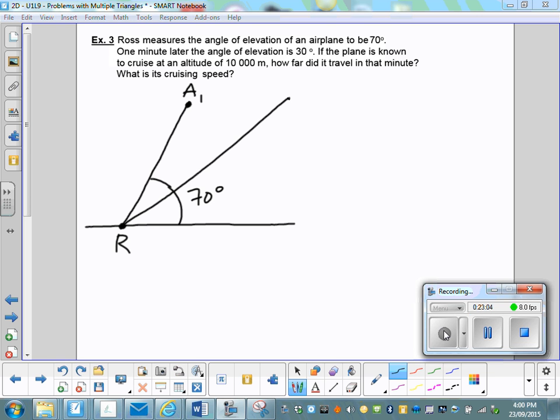So now it's got an angle of elevation, and I'll call this A2. The angle of elevation at that point is 30 degrees. So that means that this angle in here is 30 degrees.